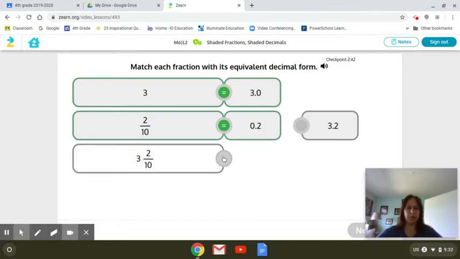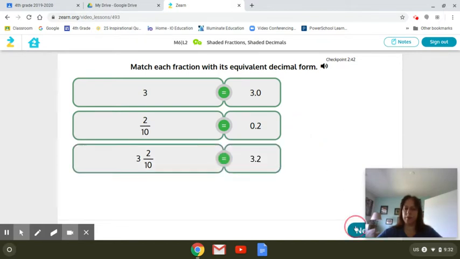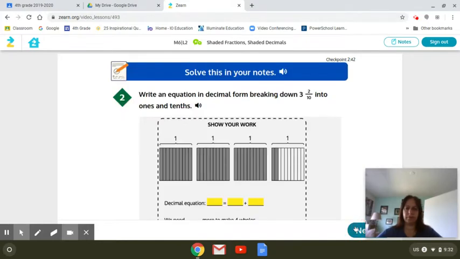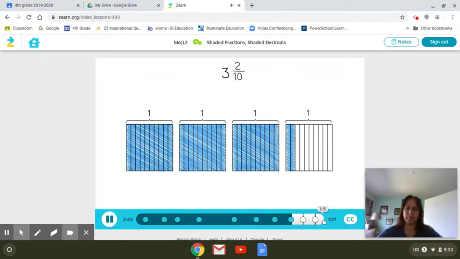And 3 2/10 would go with 3.2. We can write 3 2/10 in decimal form like this. Then we can break it into ones and tenths. 3 plus 2/10.